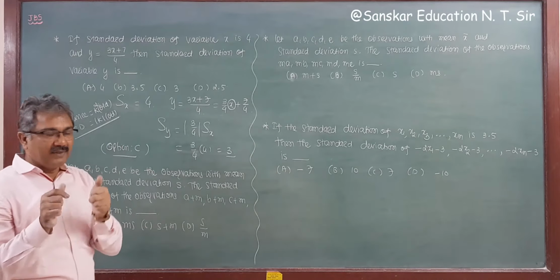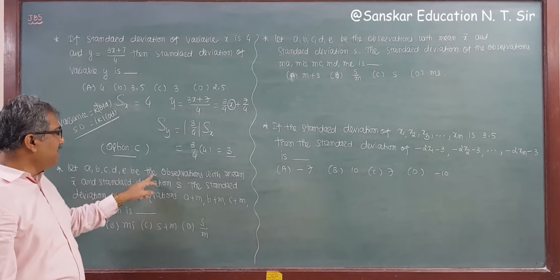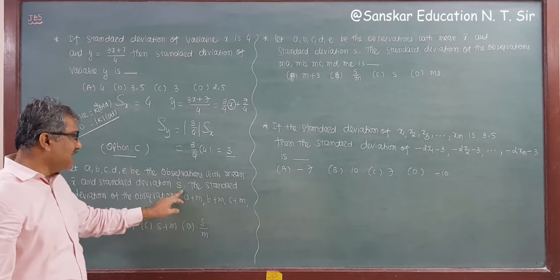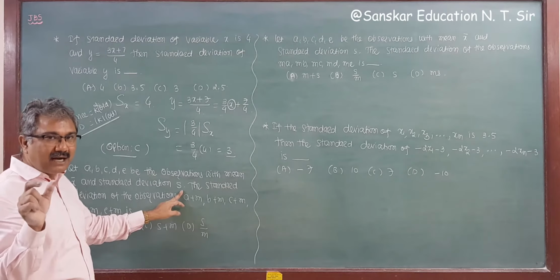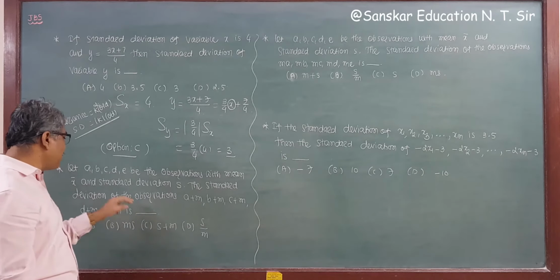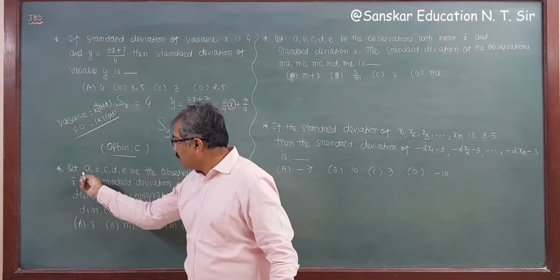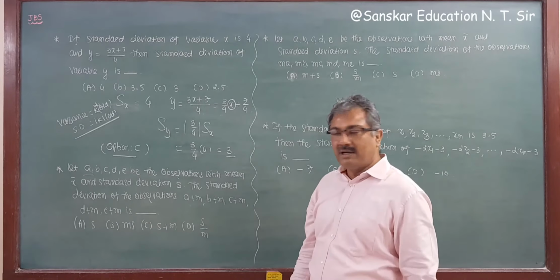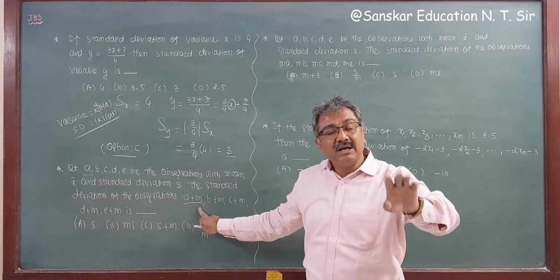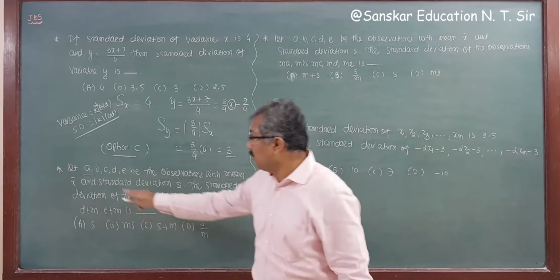Okay, so understand. Now the next one is very easy also. Let A, B, C, D, E be the observations with mean x bar and standard deviation s. The mean and standard deviation are given. The standard deviation of the observations a plus m: a is the old one, and what we did here is plus m, meaning we are adding constant m to the observations.